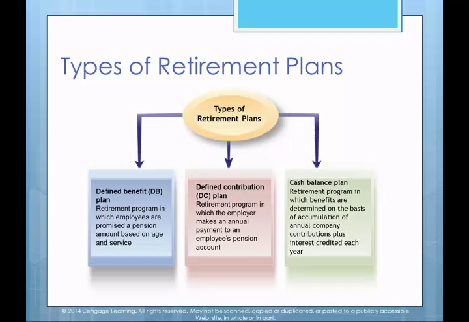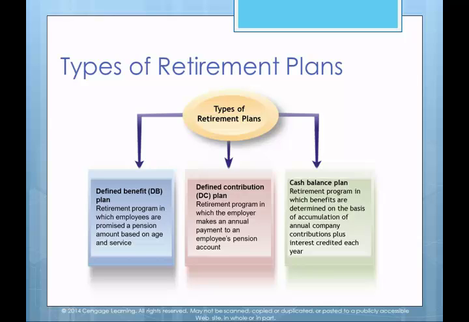And 90% of public employers provide this benefit in the public sector. And more companies have stopped this defined benefit plan because they have an unfunded liability and therefore cannot meet its obligations. A DC plan is a defined contribution plan, or retirement plan in which the employer makes annual payment to an employee's pension account.